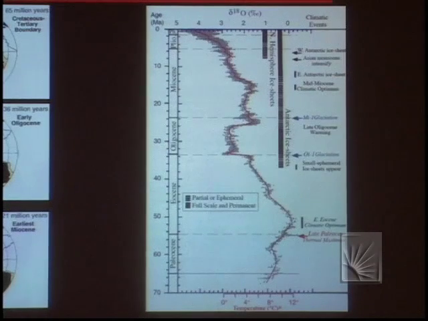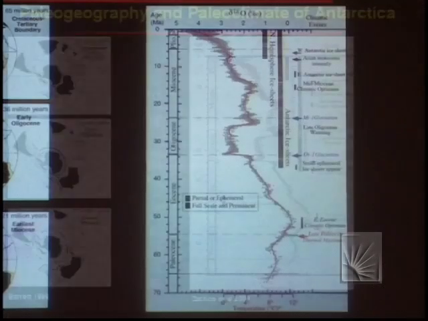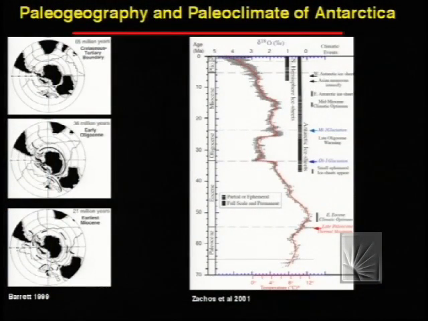This is a worldwide pattern in climate change, and we see it particularly in the Southern Ocean. And here we start seeing the appearance of Antarctic ice sheets at about 35 million years ago. So the story is, as Antarctica is separating from these continents, it's creating this opening here, the Drake Passage, that allows that circumantarctic current to form, that then facilitates the development of polar conditions in Antarctica.